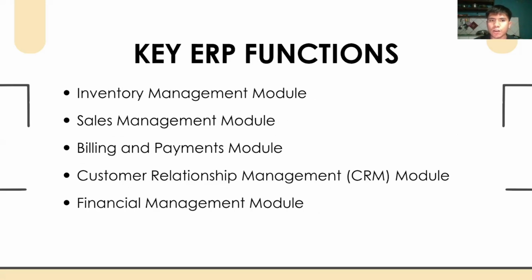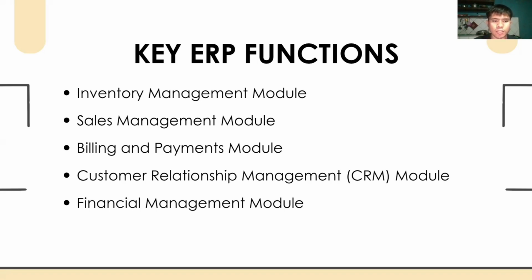The next point will be the key ERP functions we will see in the implementation of the ERP system. We have the inventory management module, since the printing and supply business involves many products. Then the sales management module together with the billing payments module.